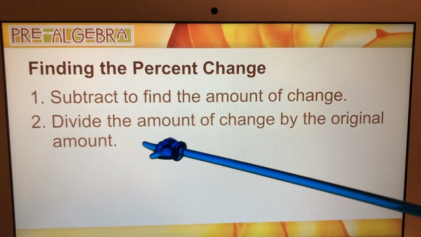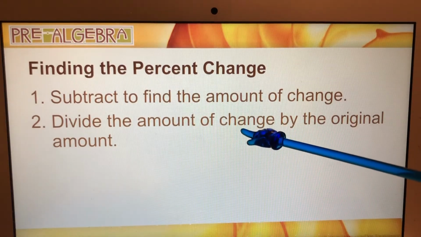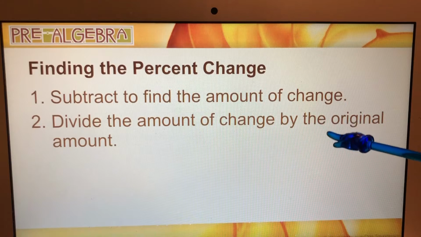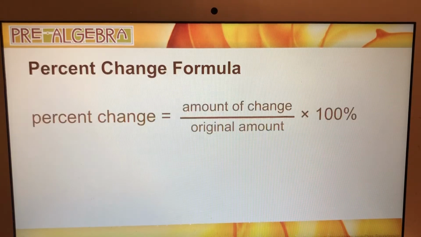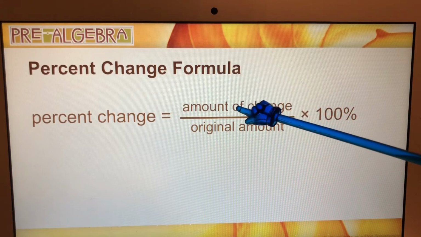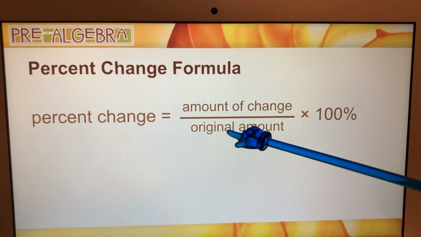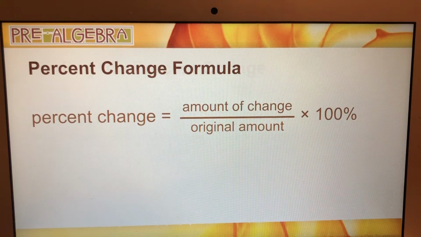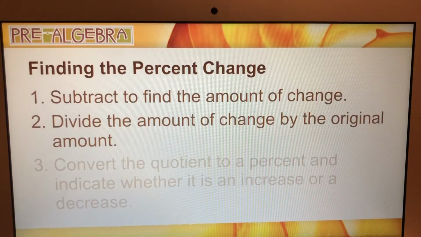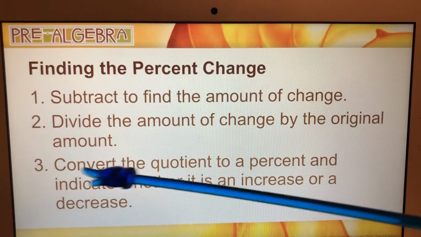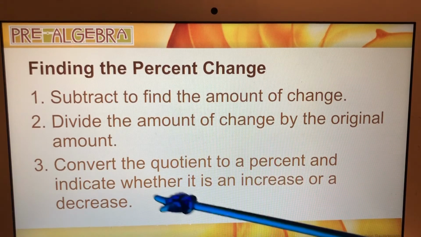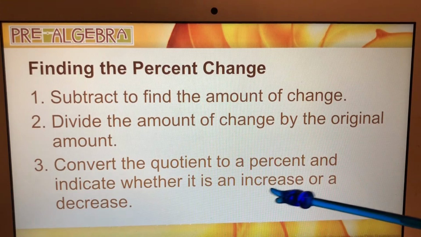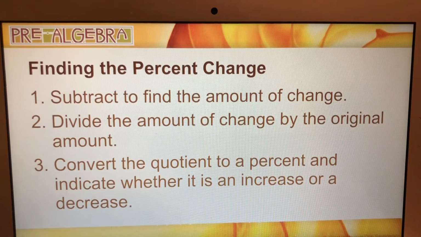Then you divide the amount of change by the original amount. And then you convert that quotient to a percent, and indicate whether it is an increase or a decrease.